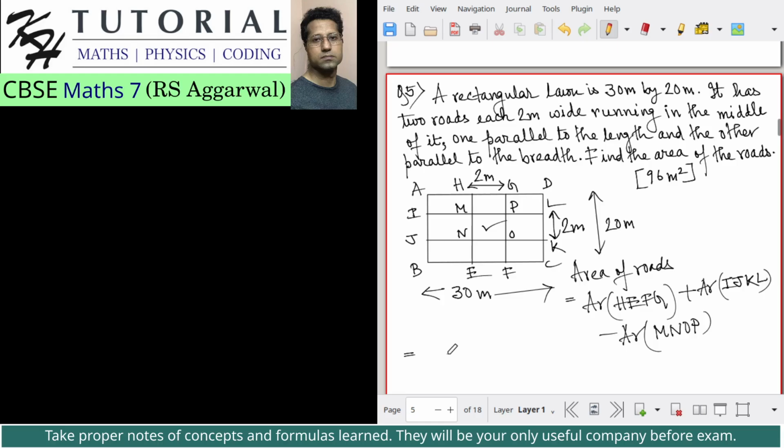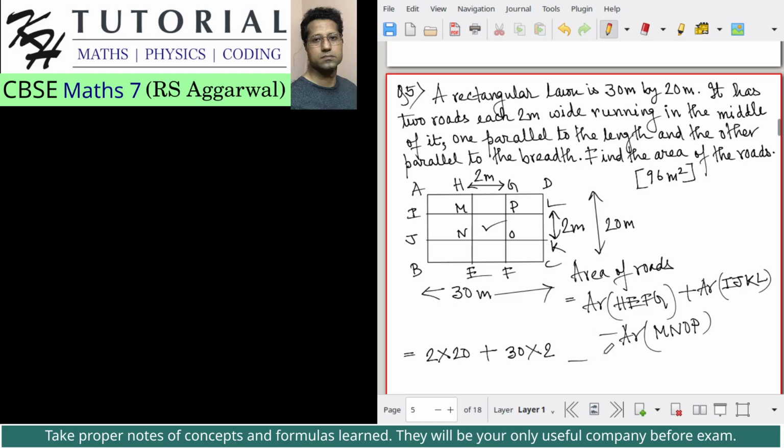Now, what is the area of the rectangle HEFG? It is 2, that is the width of the road, multiplied by the length of the lawn, that is 20. And then plus the area of the other road, that is IJKL, which is the length of the lawn, that is 30, multiplied by the width of the road, that is 2.